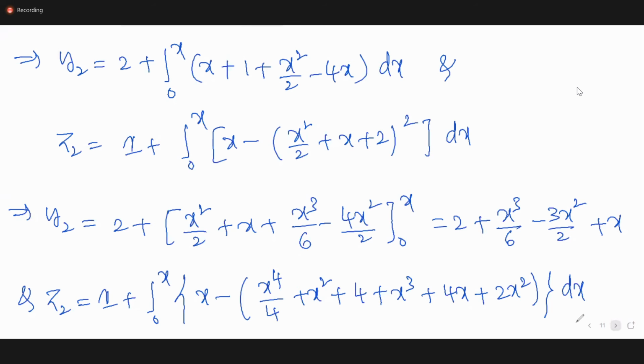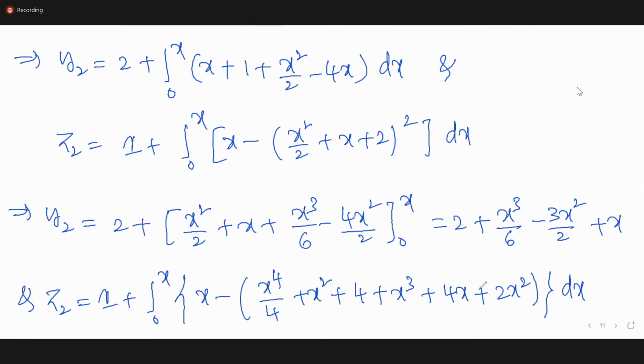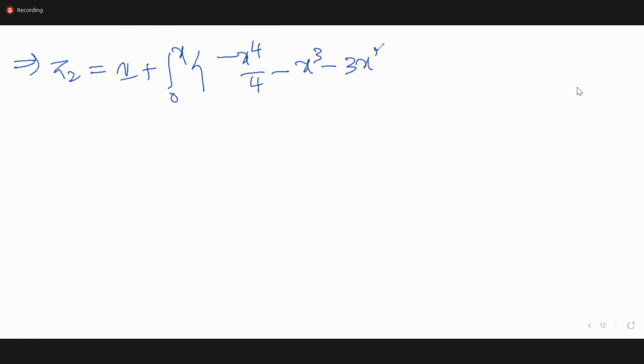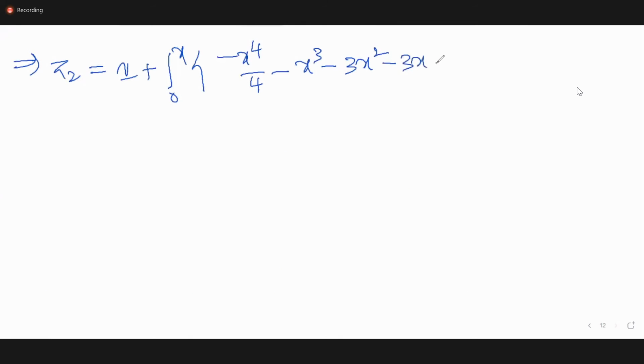Next x cube minus x cube minus 2x square plus x square. So minus 3x square. Minus 3x square. So next to x terms, x minus 4x minus 3x minus 4 into dx.